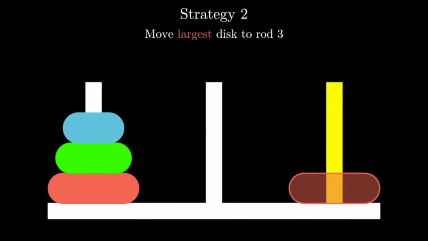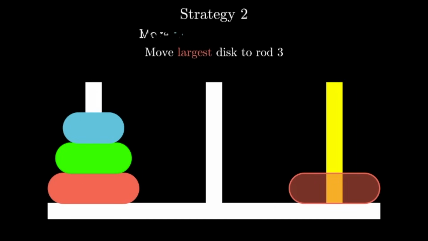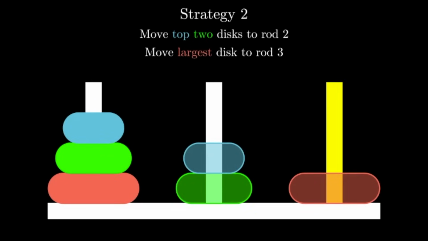We need to first think about moving the largest disk from the first rod to the destination rod. And if we take this idea one step further, before we can even think about doing that, we're going to have to deal with the top 2 disks. And we have to deal with them in a careful manner so we can eventually move the largest disk to the destination rod. This means our only option is that we have to find some way to move the top 2 disks to the second rod.